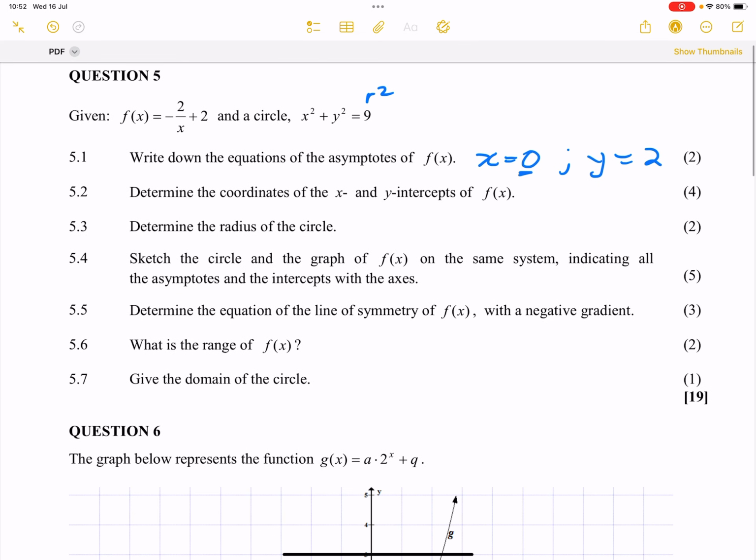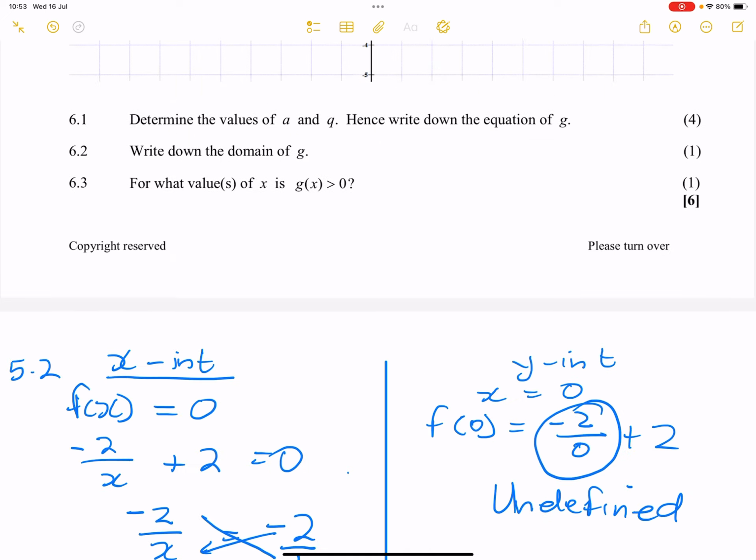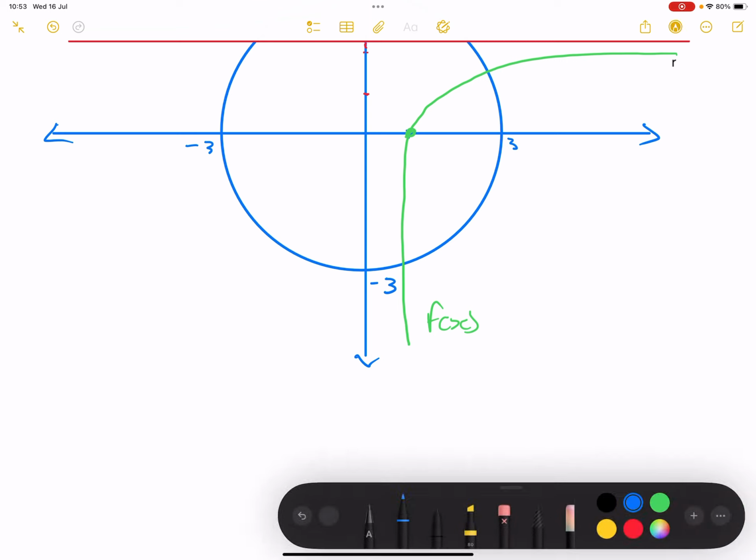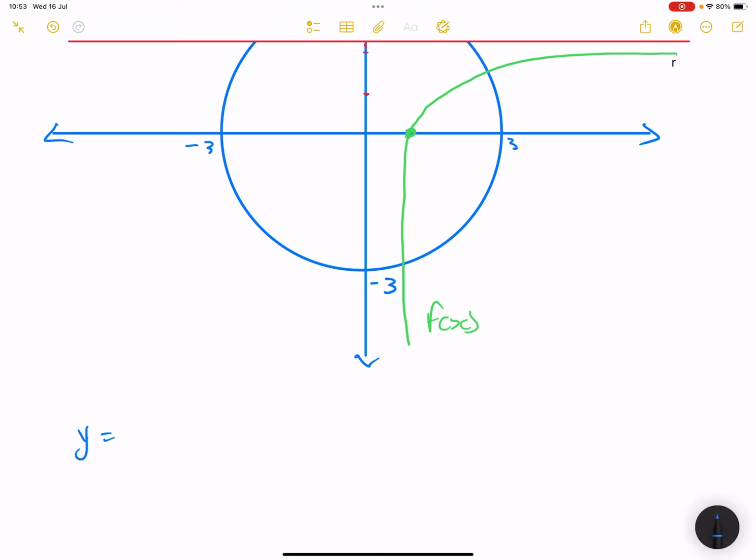Then they say to us, determine the equation of the line of symmetry of f of x with a negative gradient. Now, please note again, ladies and gents, whenever we get the line of symmetry of the hyperbola, we always start with the line. We've got two of them. We've got y is equal to x plus k1. The other one is y is equal to negative x plus k2.